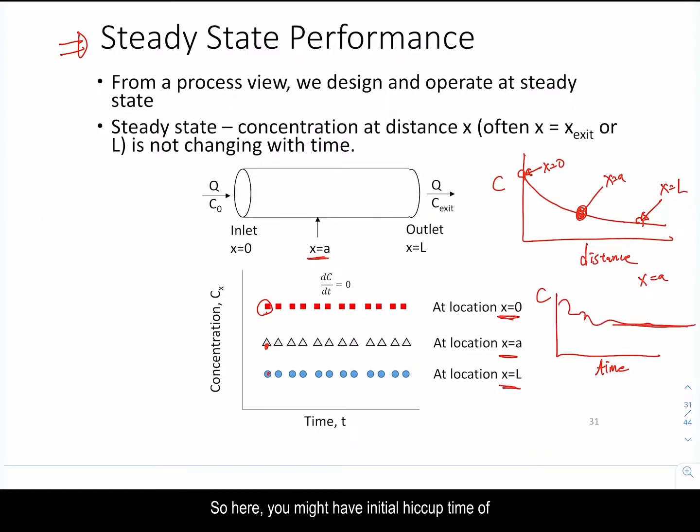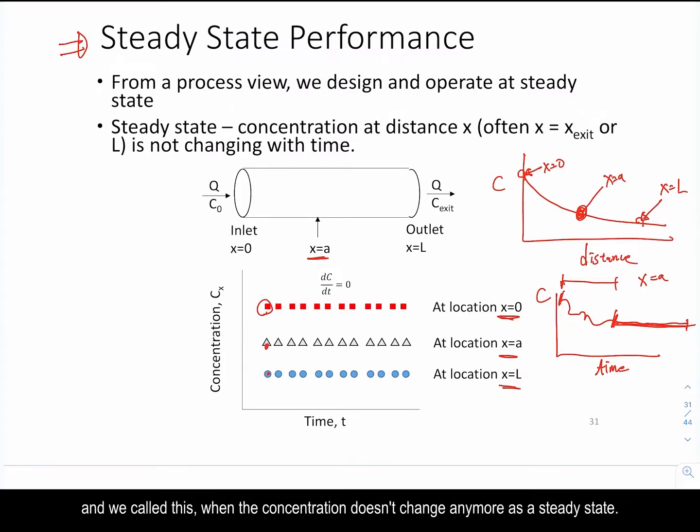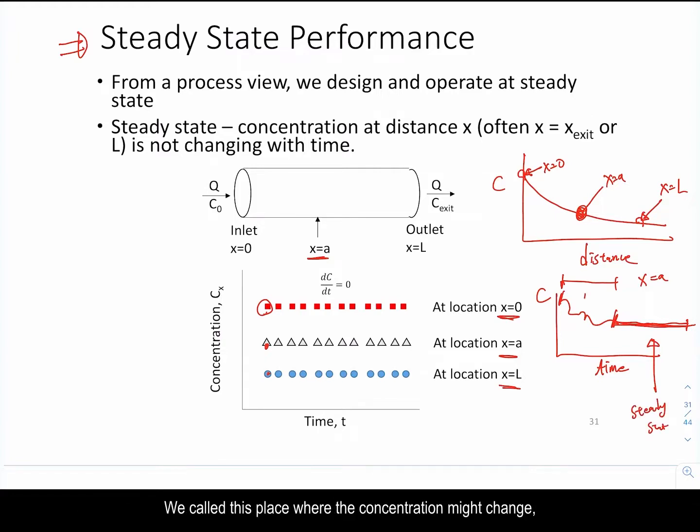Here you might have an initial hiccup time where it needs some time for adjustment, and after that it just starts performing the way it's designed to. When the concentration doesn't change anymore, we call that steady state. And the place where the concentration might change for whatever reason, we call non-steady state.